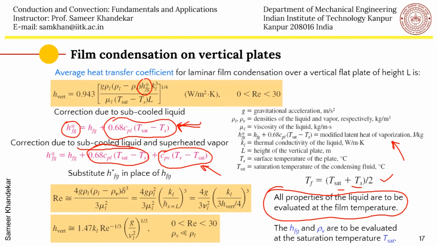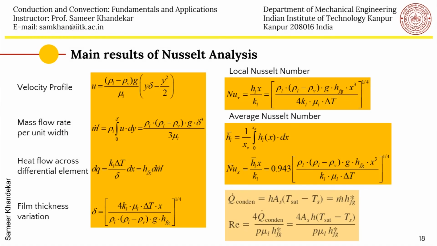So you have the velocity profile, the mass flow rate, the local heat which goes into a small section, then the variation of the film thickness, and from there the local Nusselt number and the average Nusselt number, and then finally the Q condensation and the hfg star, which we have just introduced in the last slide, which is the modified latent heat if the vapor is at a higher temperature than the saturation, and if the liquid gets subcooled also in your system, then you have to use this. Otherwise, you can use hfg as only the pure latent heat.